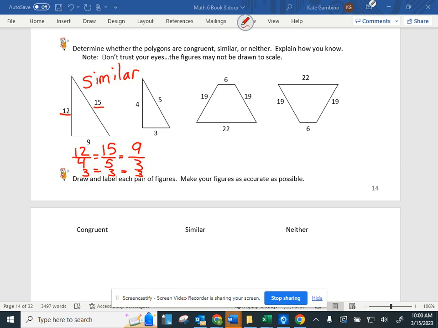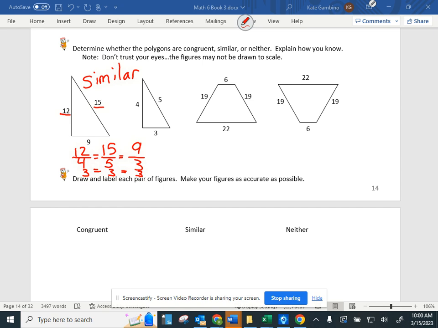Is it always going to be numbers that divide easily? No. For the examples, we made it easy. You can see how they're dividing down by 3 each time. It will not always be that case, and I'm going to show you what I'm talking about in a minute. But for this one, we can see really easily that they are similar. We're multiplying or dividing by the same number for each side.